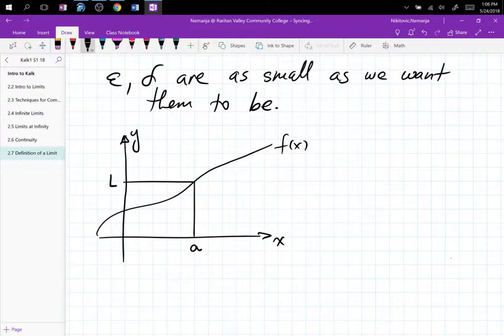So now I'm going to get this tube around.